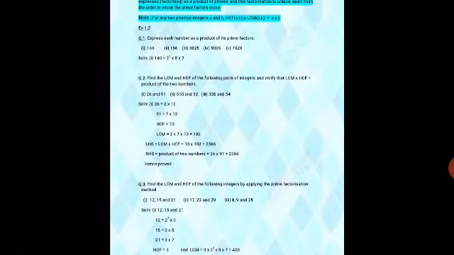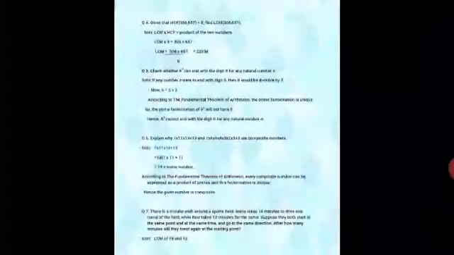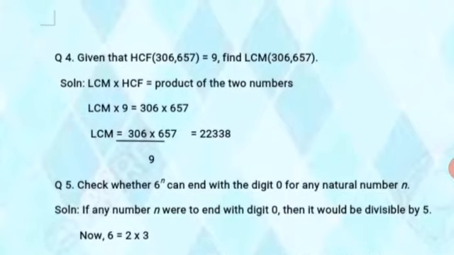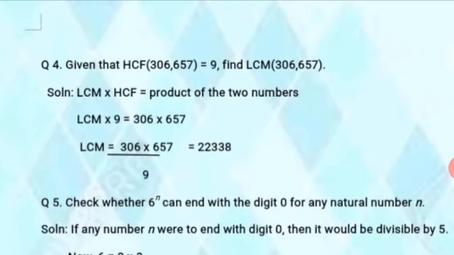Now we will be moving towards the next question, that is question number 4. Now question number 4 is flashed on your screen. It is given that HCF of 306 and 657 equal to 9. Find LCM of 306 and 657. So children, here the HCF is given to be 9 and we know that the numbers are 306 and 657.